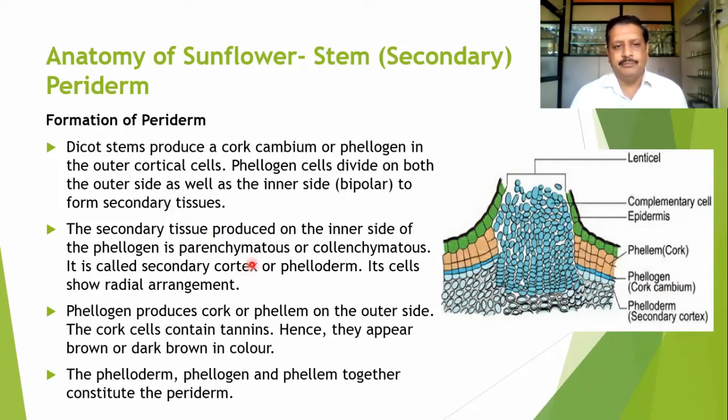The phellogen produces phellem, and the outer side of the cork cells contain tannins, and because of that the bark developed on the outer side is darker in color. Hence it appears brown or dark brown in color. So it is the bark of that particular plant, which is normally the cork tissue. And the phelloderm, phellogen and the phellem together constitute the periderm.